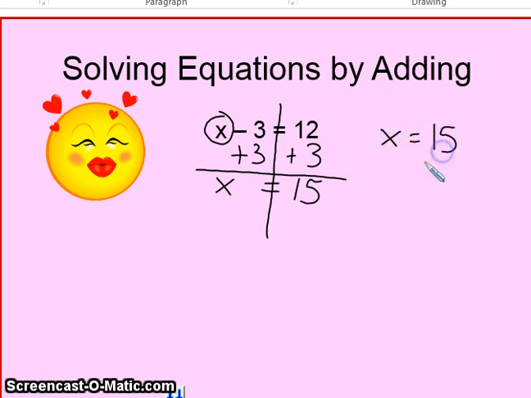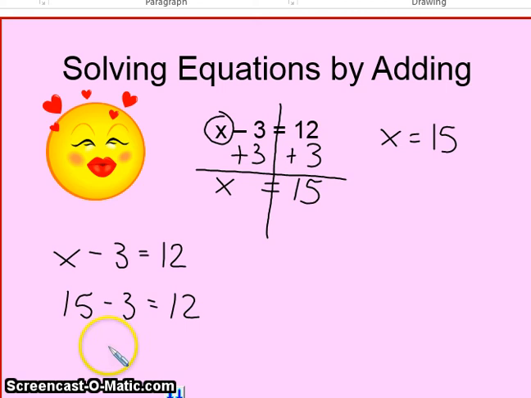Now I can know that I have the right answer, the right solution for this equation, by plugging in the value of the variable to the original equation and seeing if it makes a true statement. So if I take this equation right here, x minus 3 equals 12 that I started with, and I plug in this number that I found as the solution, I should get a true statement. 15 minus 3 equals 12.